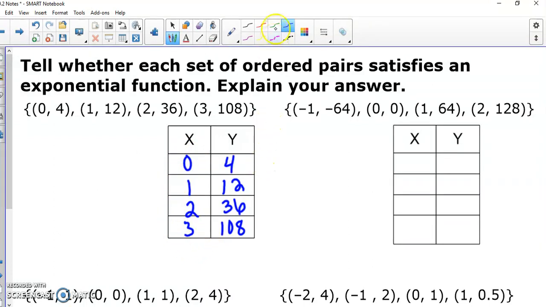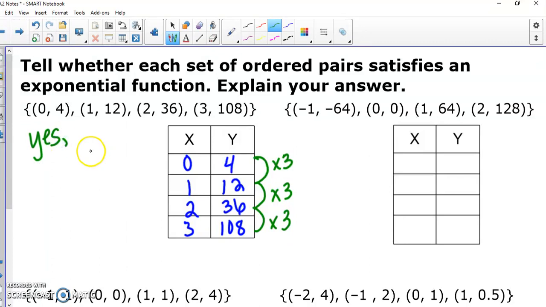What we want to focus on next is our y values, and you can see that this one increased by times 3, then times 3, and this one was multiplied by 3 as well. So since our y's are increasing by a multiple of 3 each time, using multiplication, we can say that yes, this is an exponential function.